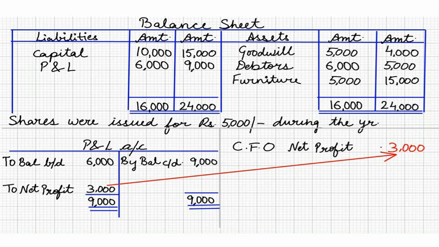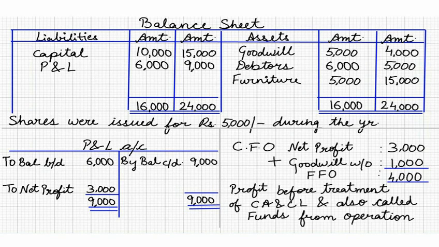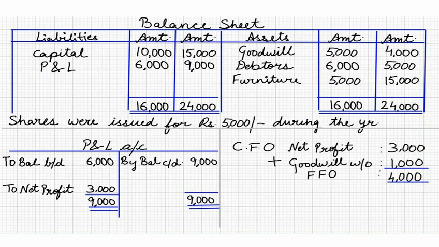So net profit 3,000 plus goodwill written off, because this is a non-cash item, we have to add it back. So the total is 4,000. This is the profit before the treatment of current assets and liabilities, and it is also called funds from operation. So from net profit, we have reached funds from operation.